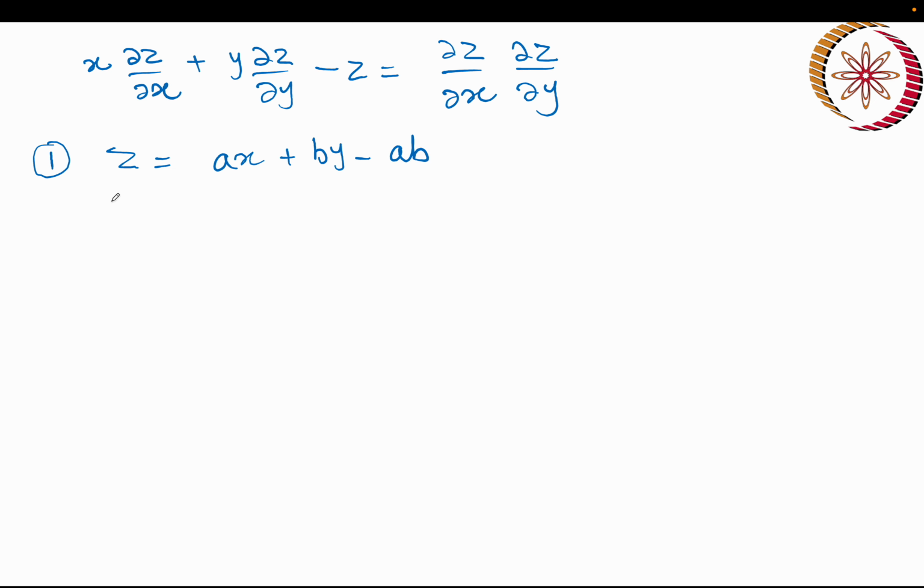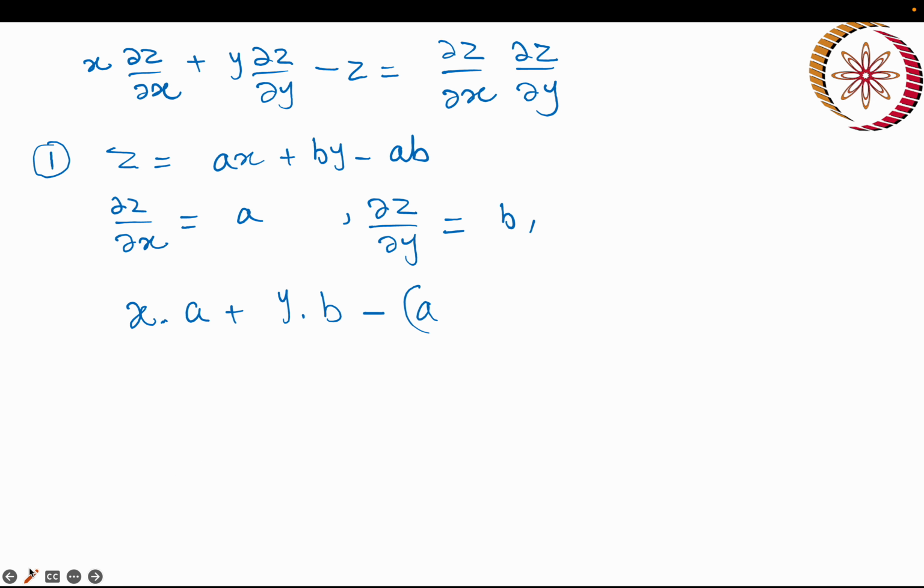Then dou z by dou x is equal to a, dou z by dou y is equal to b, and that's all we need. If we substitute these values into the equation, we get x into a plus y into b minus z, which is minus ax minus by plus ab.